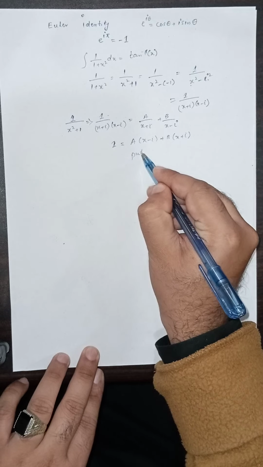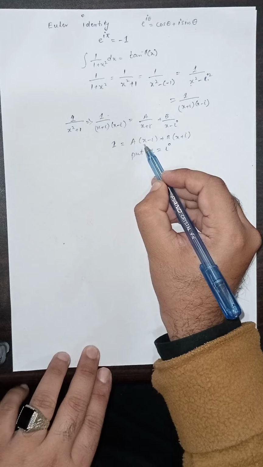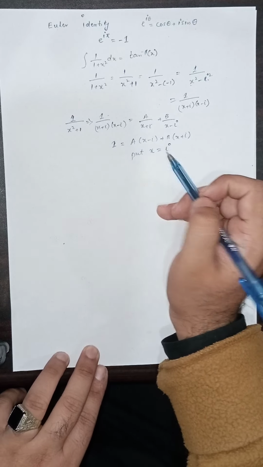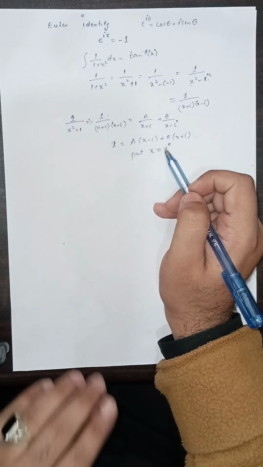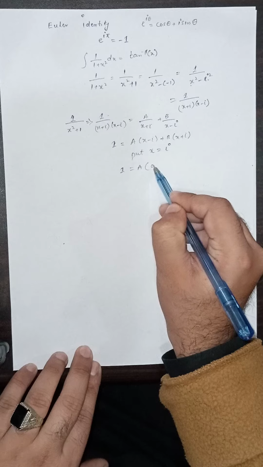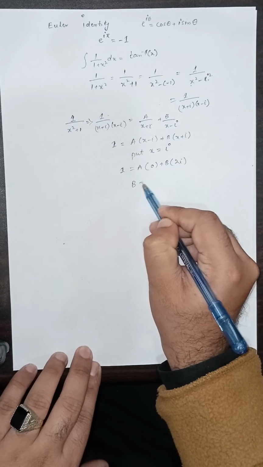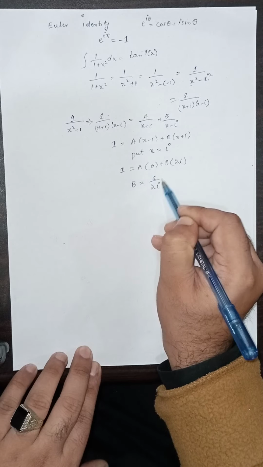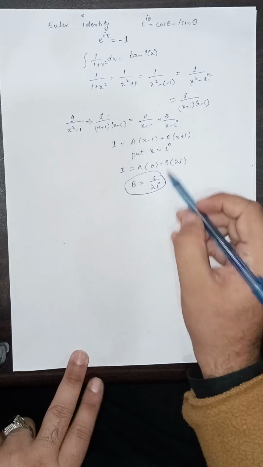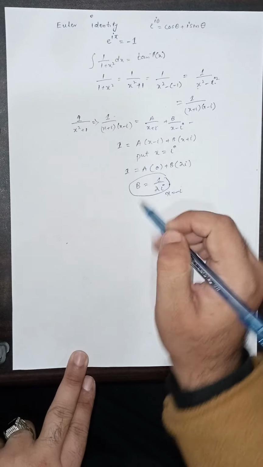Now put x equal to i. Then this term will be 0, and I will find the value of B. So 1 = A into 0 + B into 2i, which gives B = 1 over 2i. Now put x equal to minus i in this equation.